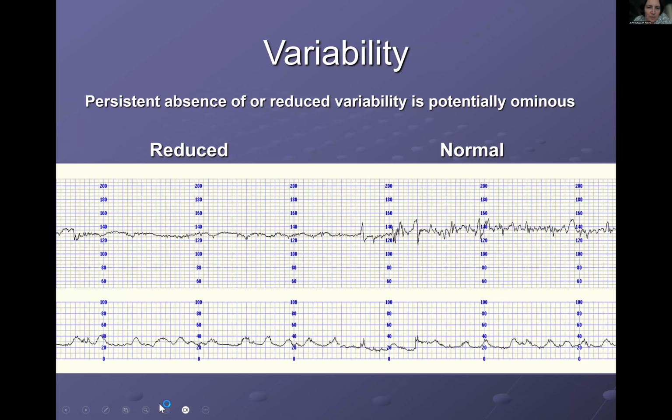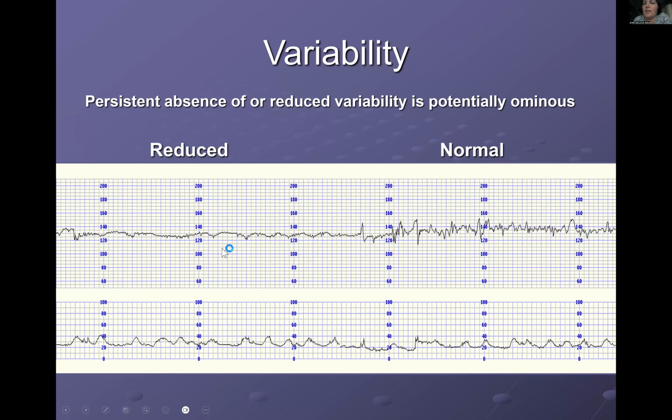And just to remind you, this is quite standard, and I'm sure it is the same in your maternity ward. Between one line and another is usually 10 minutes. And each little box is 5 beats per minute. So that's quite standard.